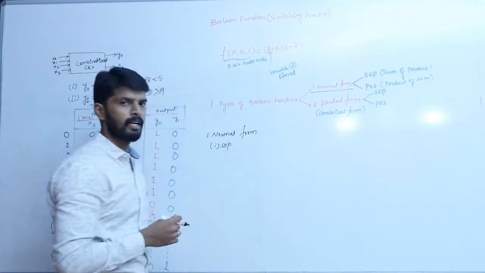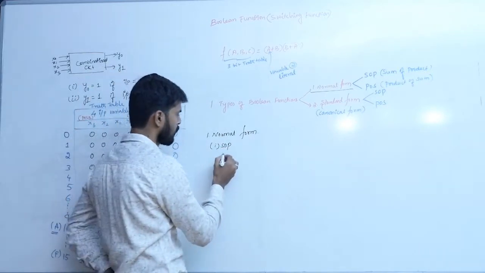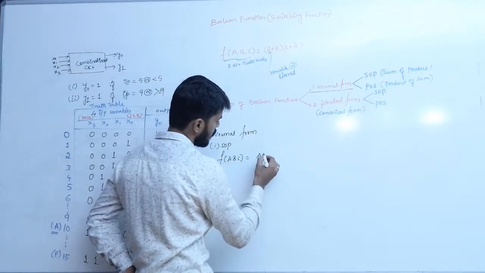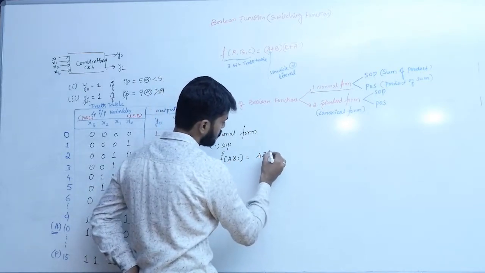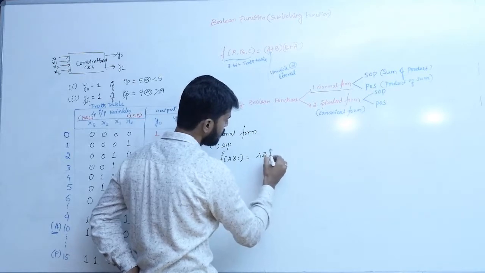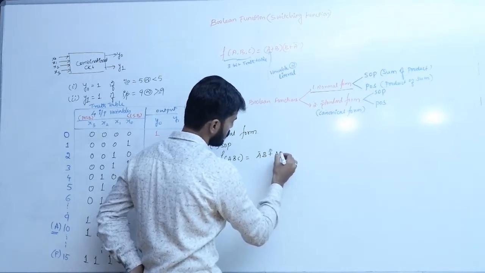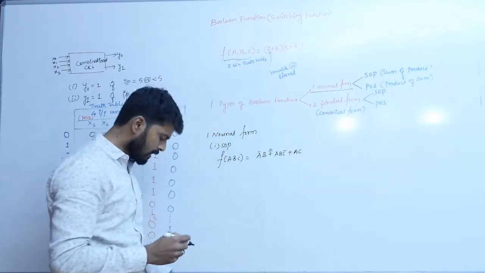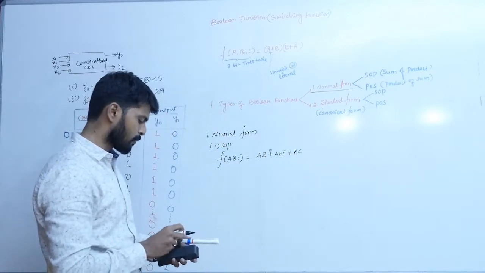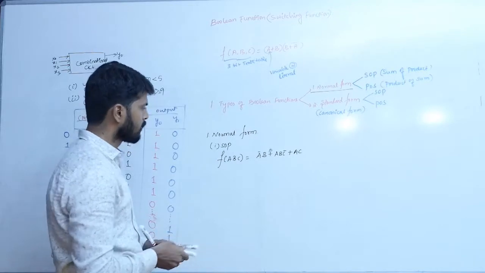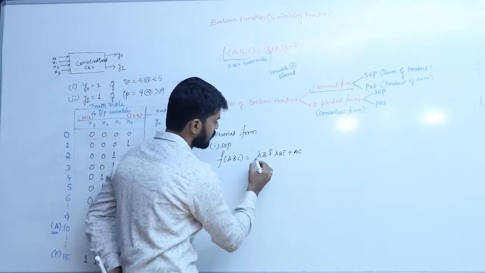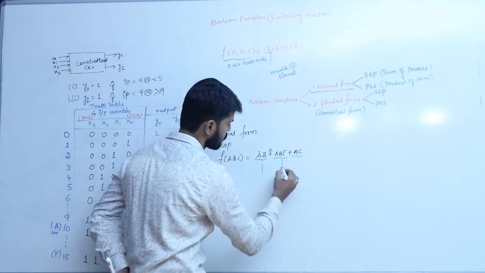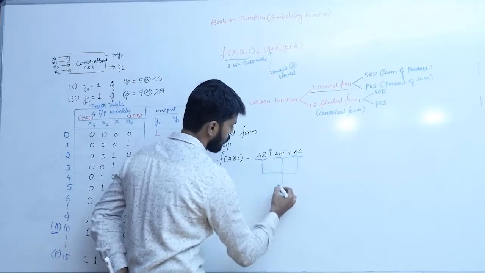If I want to write an SOP equation, for example, f of ABC equals a bar b plus a b c bar plus a c. In this case, this a b is a product term. It has three product terms. These are called product terms.